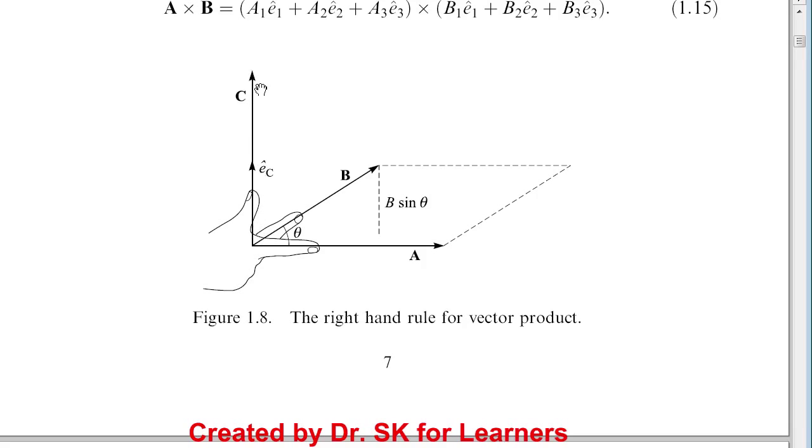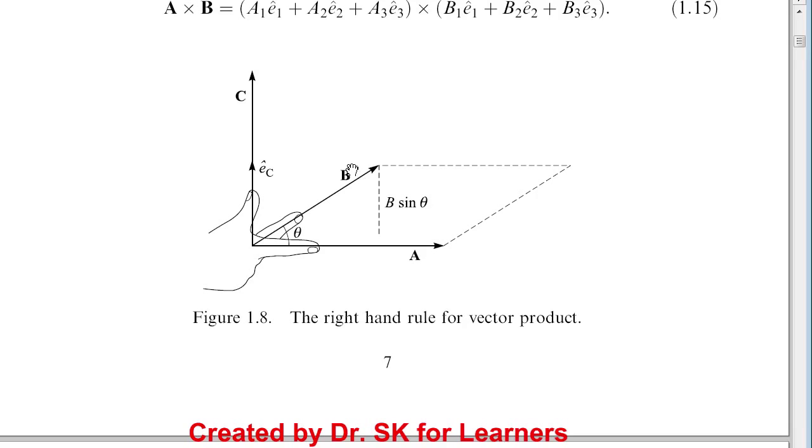So you'll have the third side in the cross product, and its length, or what we call magnitude, will be equal to the area spanned by A and B.